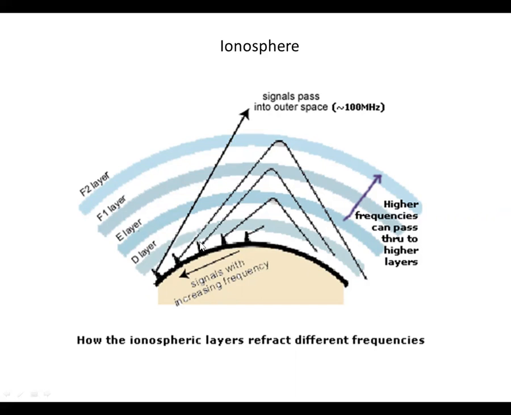And then again, as we keep increasing frequency, the reflected wave is higher and higher, giving you a longer skip distance. So there's less of a chance of having any reception in this area.